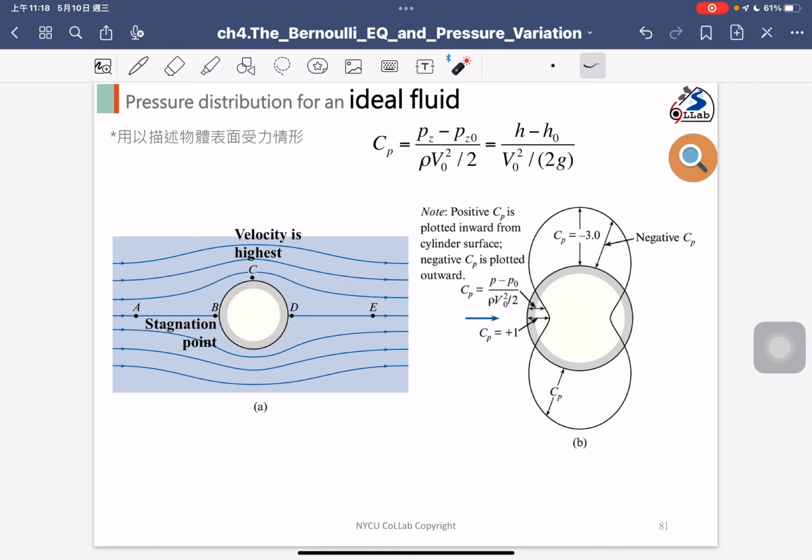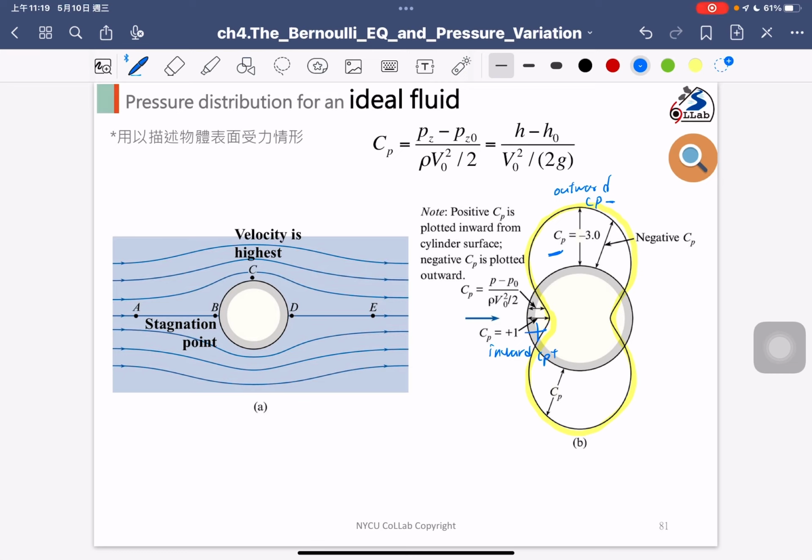For the CP value, there is a region where the CP value is positive and a region where the CP value is negative. So the curved line here is the CP value curve. If you see an inward curved line, it indicates the CP is positive. If you see an outward curved line, it means the CP is negative.